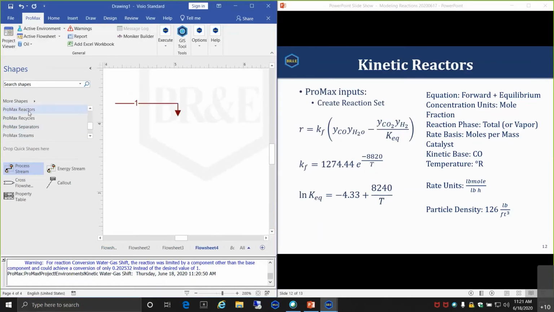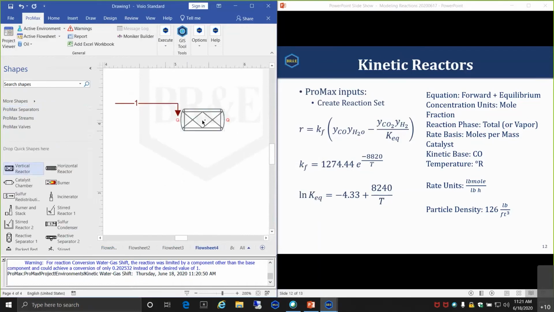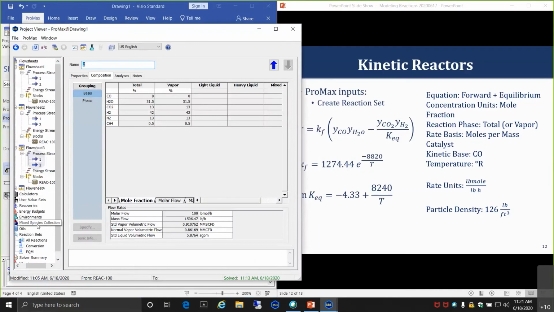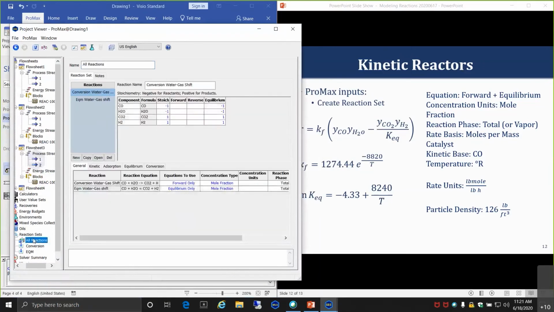We bring in our reactor. So we have our drawing done. We now need to go create our reaction set. And so we're going to come over here to all reactions, and we're going to first create our reaction, and then we'll add it into our reaction set.